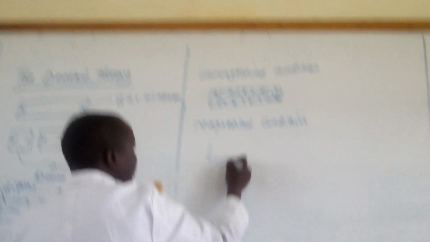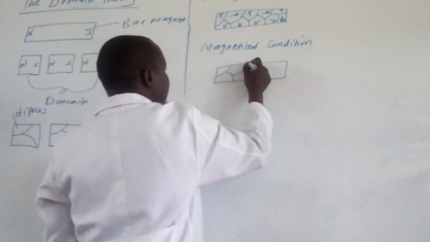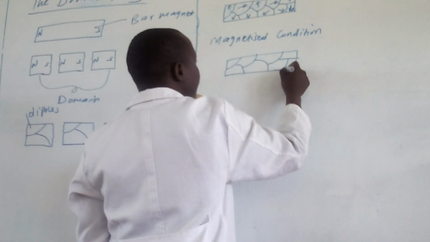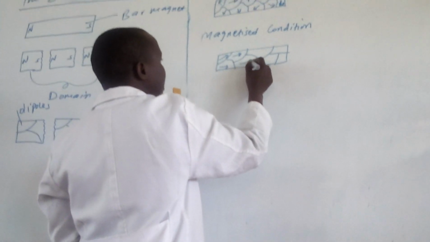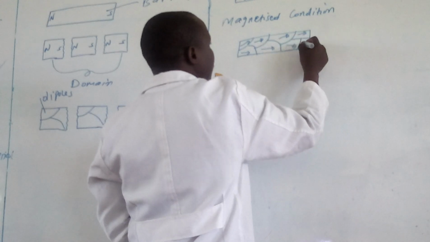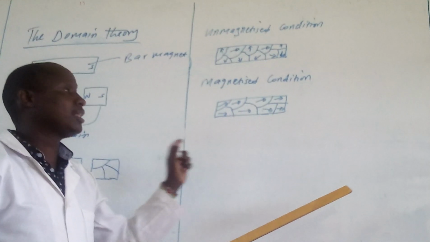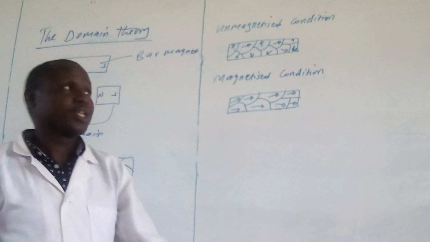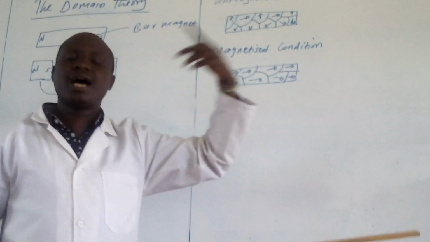We have also the dipoles here, and we find these dipoles facing in one direction. If the dipoles face in one direction, that means that material is magnetized. If the dipoles are facing different directions, we say it is unmagnetized.